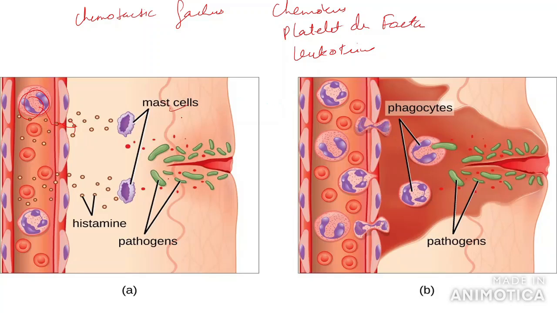Our mast cells and certain other cells are going to release certain chemotactic factors like histamines or leukotrienes or platelet-derived factors, and these are going to play a role in attracting this leukocyte from the blood vessels. So they will be causing a chemotactic attraction. Okay, so this migration of leukocyte from the blood vessel to the site of inflammation through the chemotactic factors is called chemotaxis.